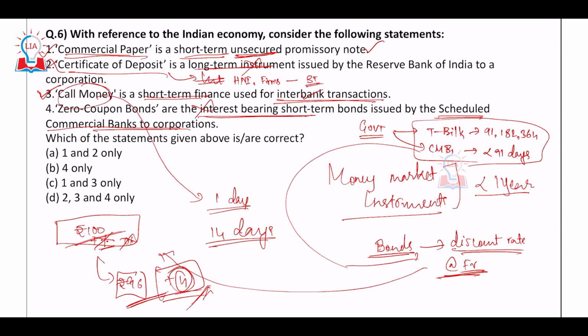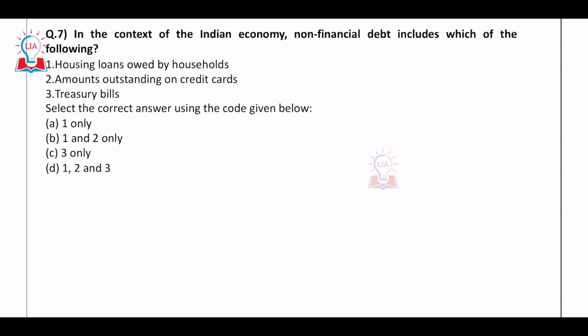Next, so the answer would be, so 4 is wrong, so 1 and 3 only are correct, so C would be the answer. Question number 7, it was a pretty easy question. Why? Because it is asking about non-financial debt. When we say non-financial debt, any debt which is not related to the finance sector. What is included in the finance sector?